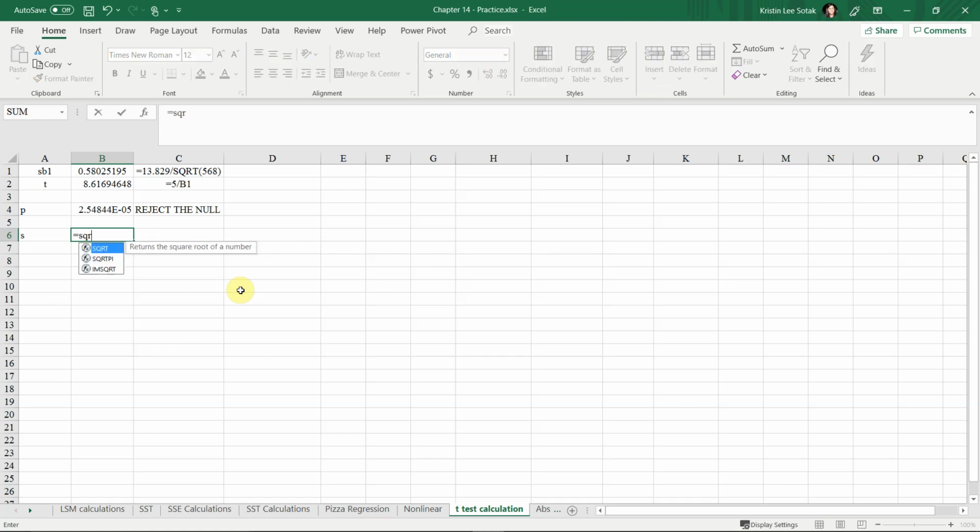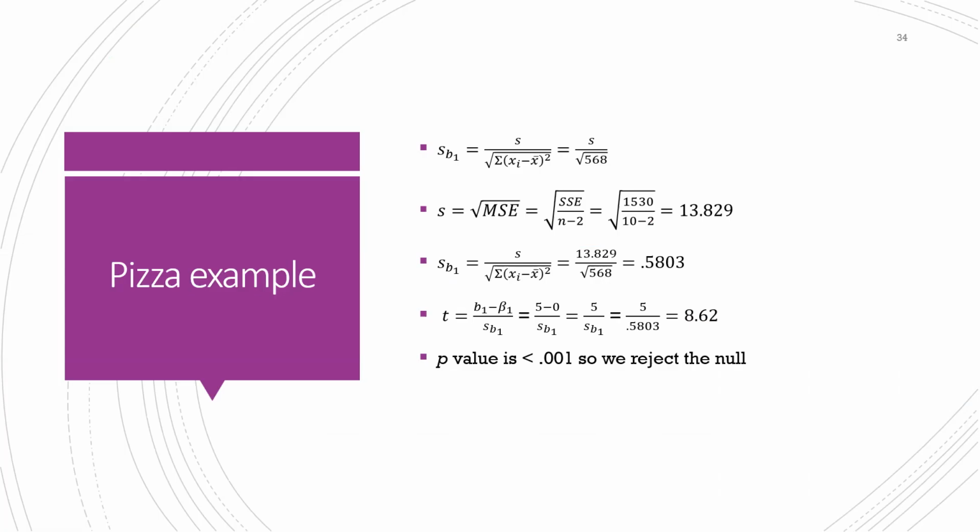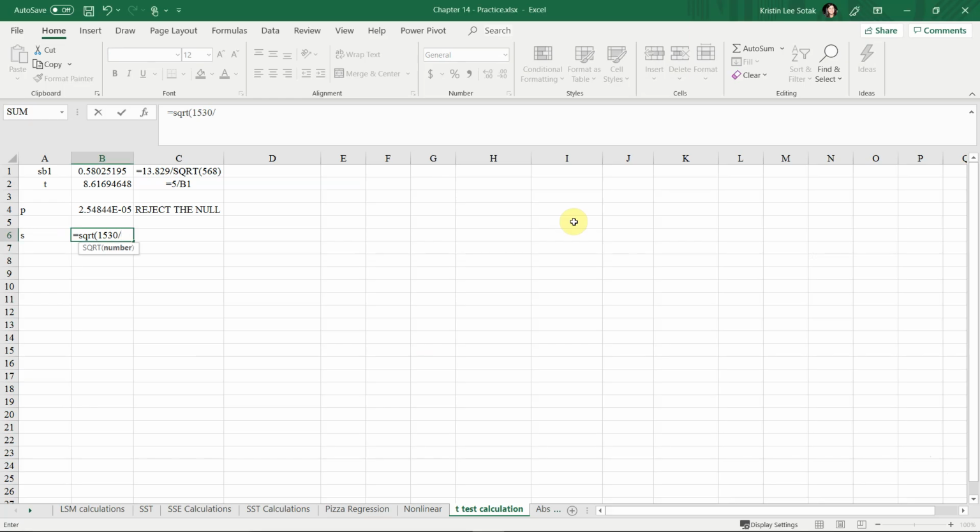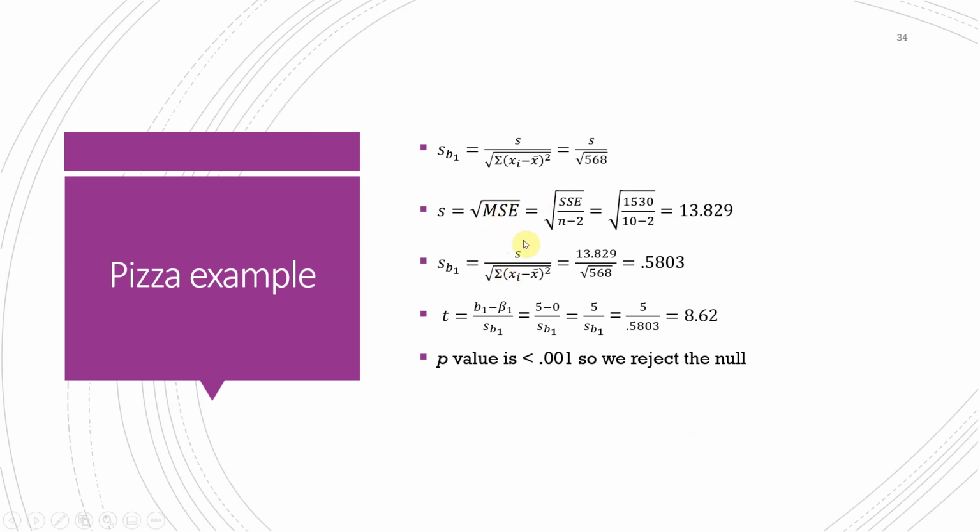That's equal to the square root of 1530 divided by the degrees of freedom, n minus 2. So we have 10, because that's n, our sample size, minus 2, and then we hit enter. So that is our s value, our estimate of the population standard deviation.